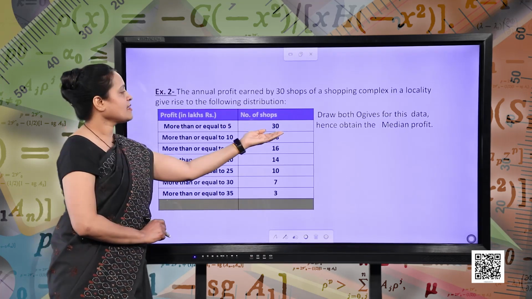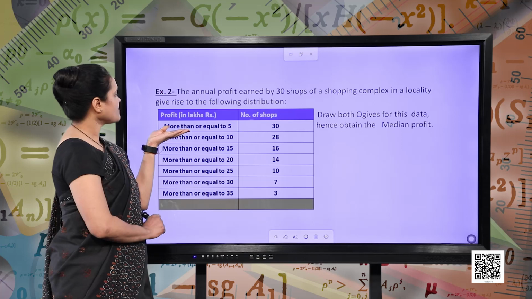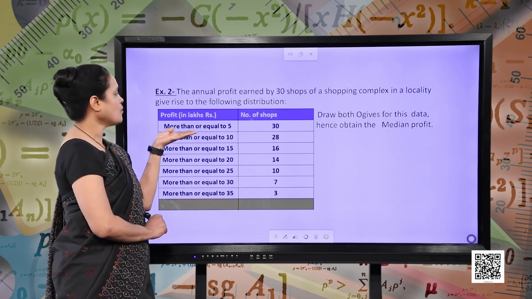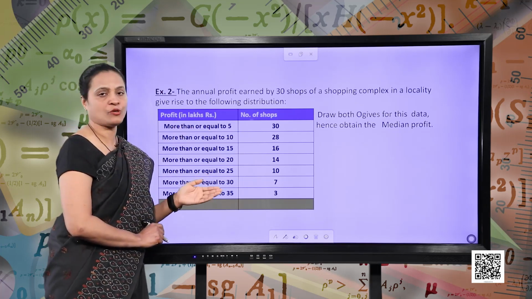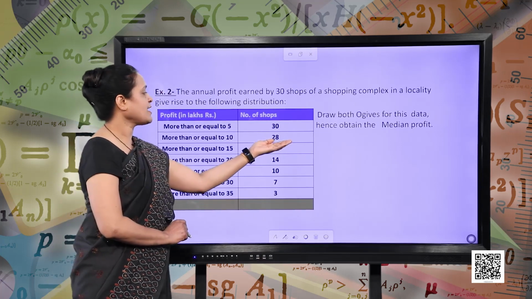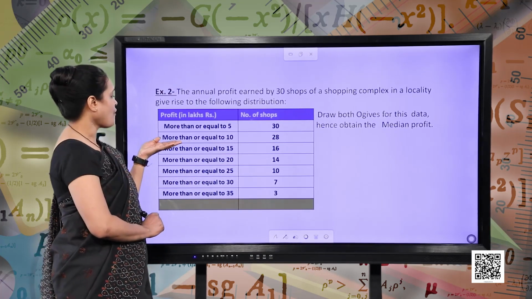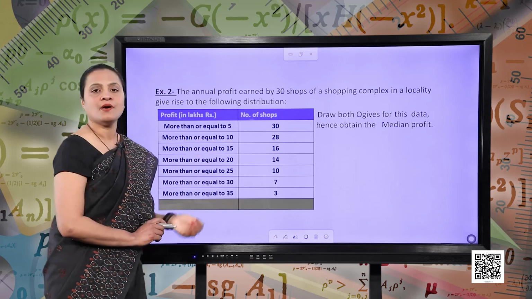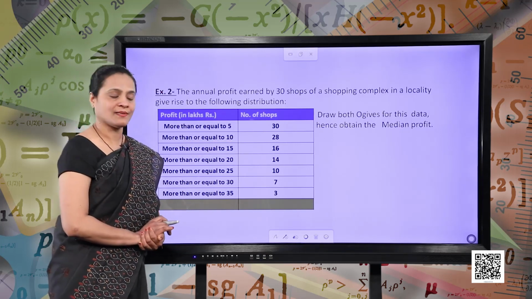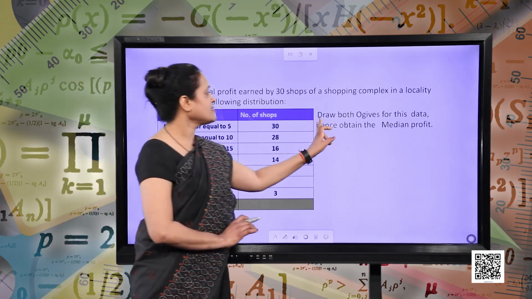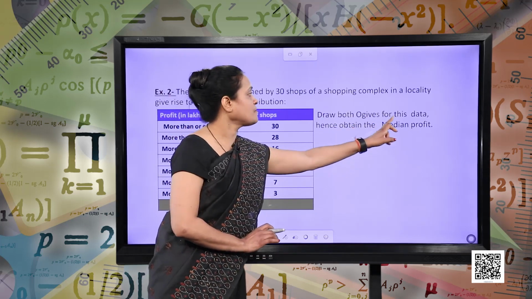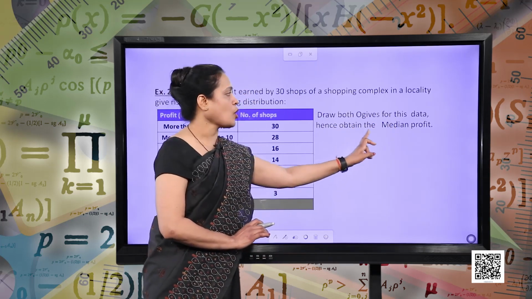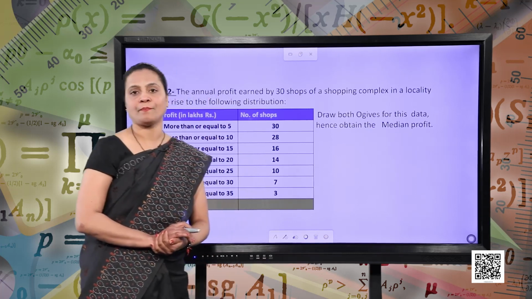So, there are 30 shops which have earned profit more than or equal to 5 lakh rupees. There are 28 shops which have earned profit more than or equal to 10 lakh rupees. The question asks us to draw both ogives for this data and hence obtain the median profit.